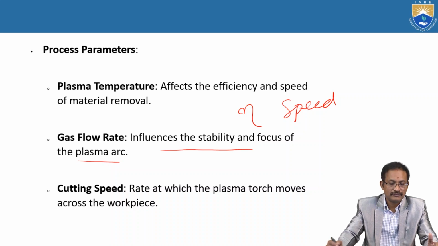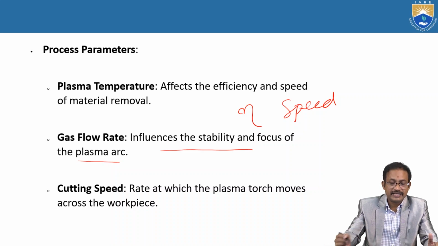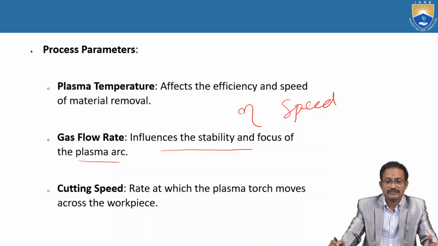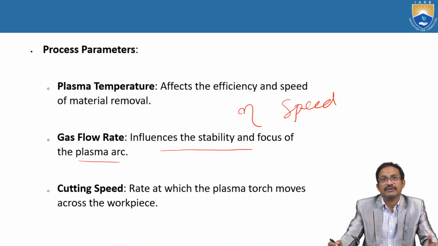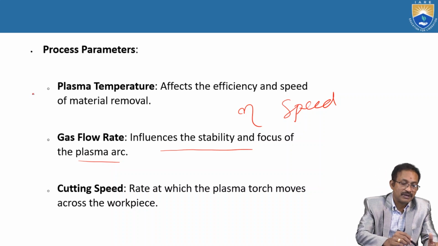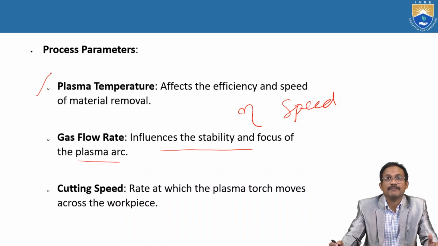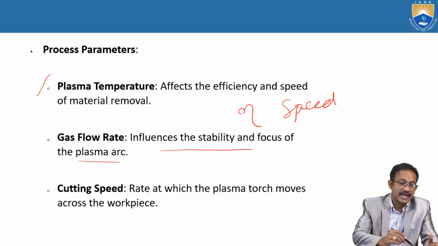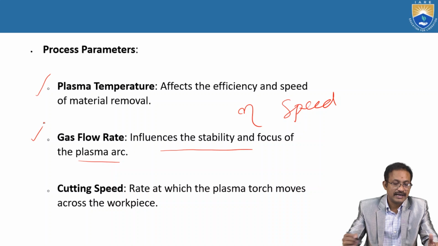Cutting speed is the rate at which the plasma torch moves across the workpiece. So the process parameters are plasma temperature, gas flow rate, and cutting speed.